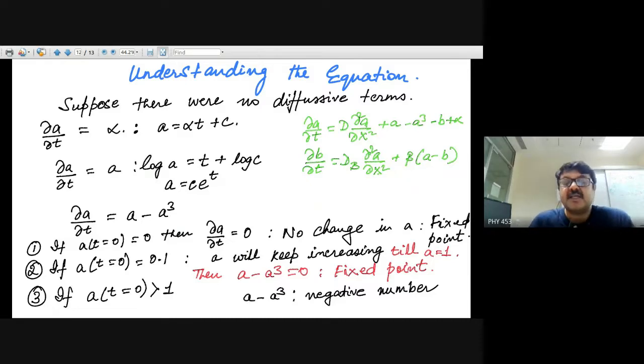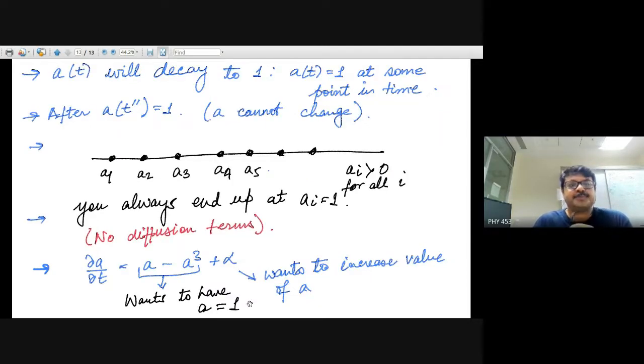So basically, A equal to 1 is a stable fixed point, because once it reaches A equal to 1, slight deviations of the value of A from the fixed point A equal to 1 are going to make it flow back to A equal to 1. So it's a stable fixed point. Now, let's complicate a bit more.